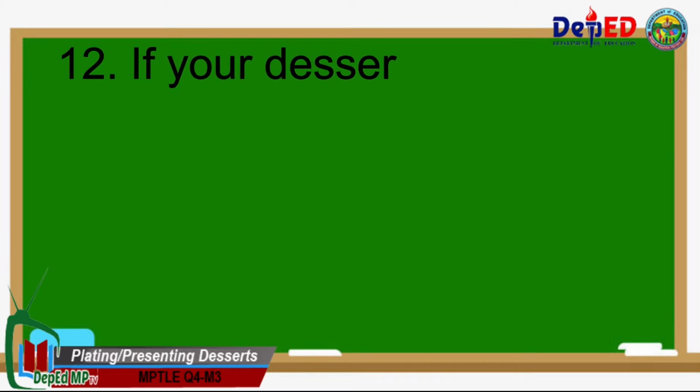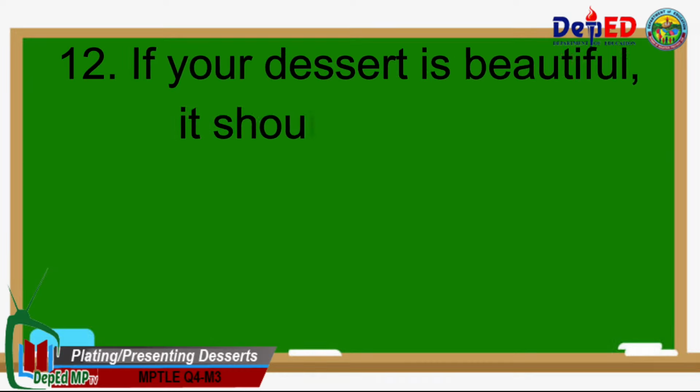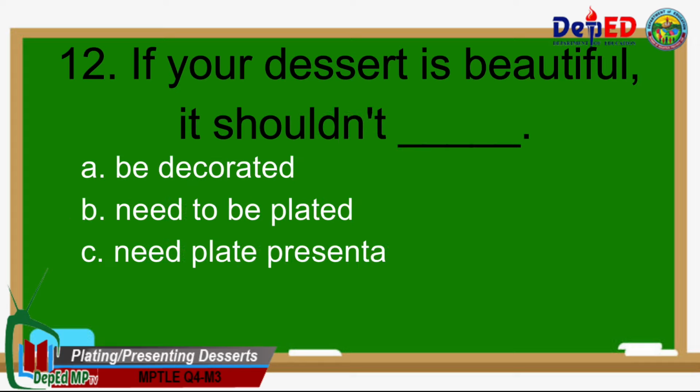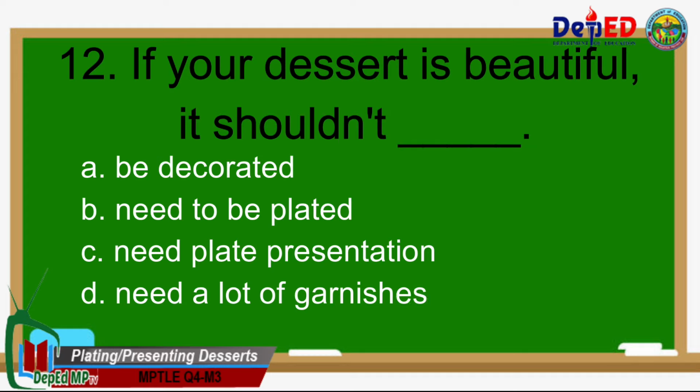Number 12. If your dessert is beautiful, it shouldn't. Letter A. Be decorated. B. Need to be plated. C. Need plate presentation. Letter D. Need lot of garnishes. The correct answer is letter B. Need to be plated.